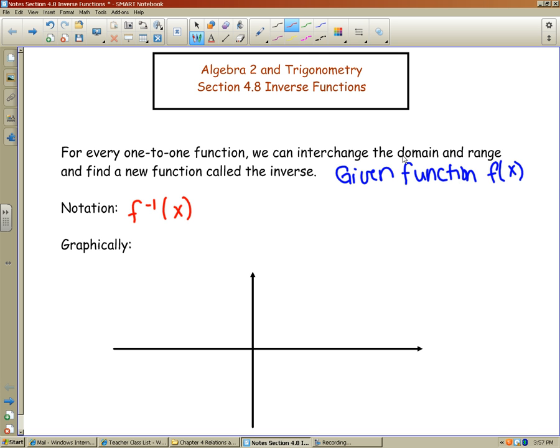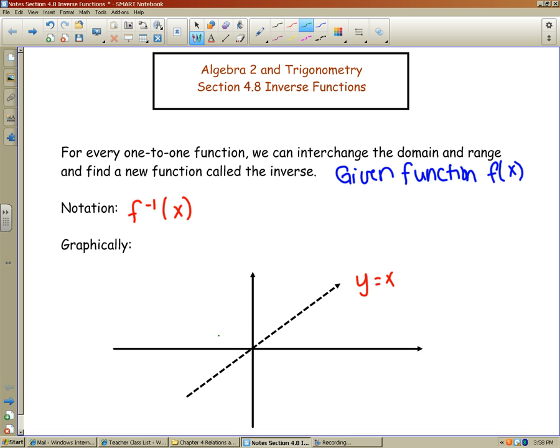Graphically, take the line y equals x. The inverse of a function is a reflection over that line.